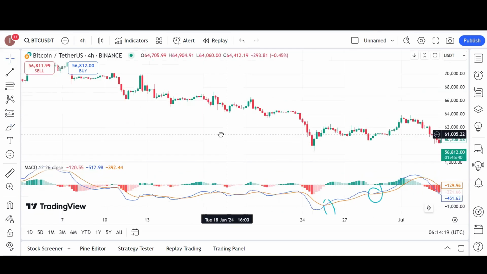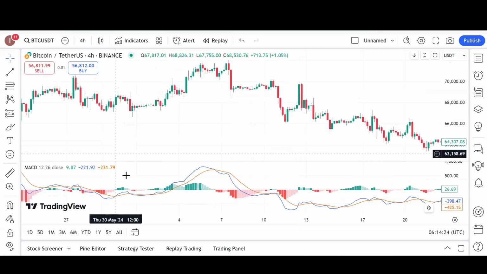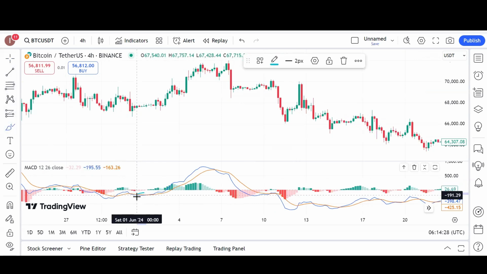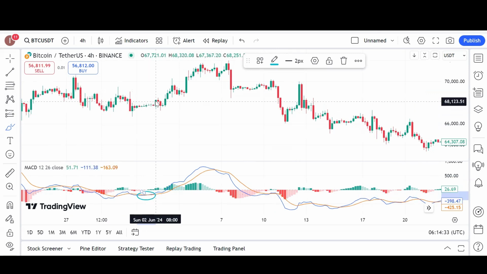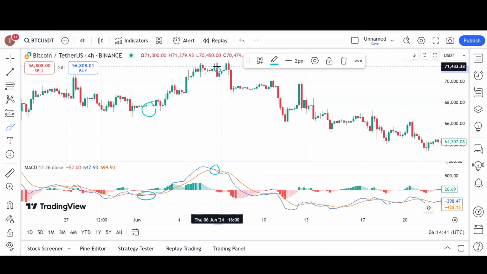You will get the buying signal at that point, and here also the MACD line crosses the signal line and you get a buying signal. And when the signal line crosses the MACD line here, you get a sell signal.